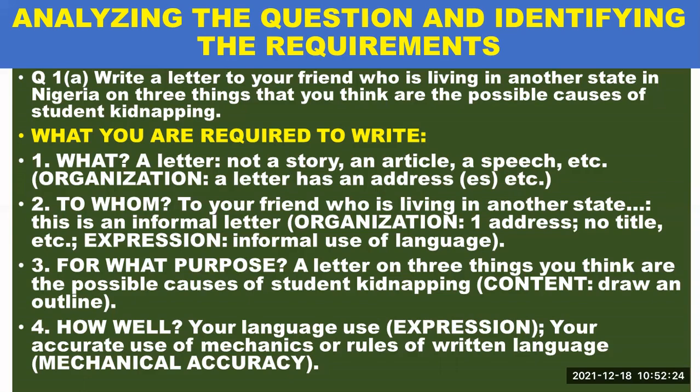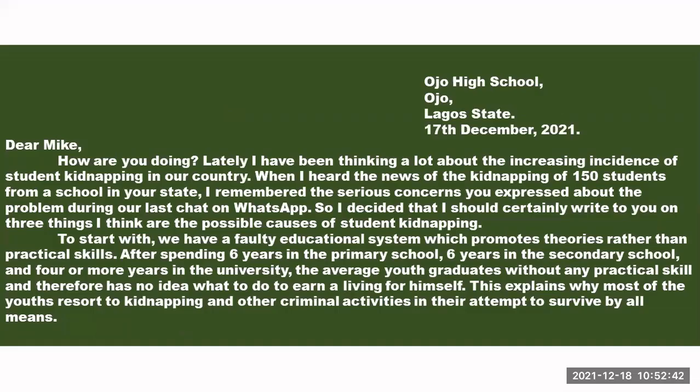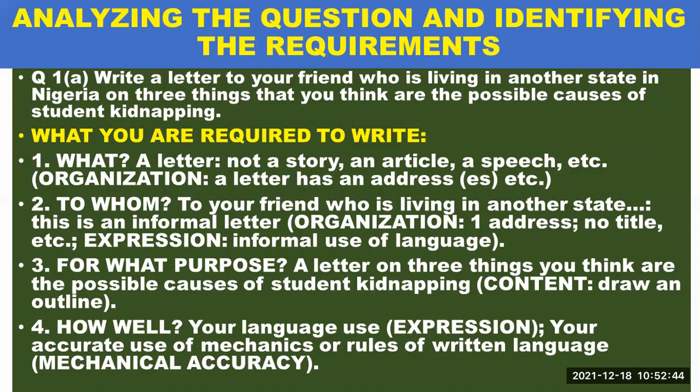So at this juncture, you have to draw an outline. Once you have analyzed the question, you have discovered the purpose of the question, what you are asked to write. You are asked to write 3 possible causes of student kidnapping. So at this juncture, you can draw an outline, all right?